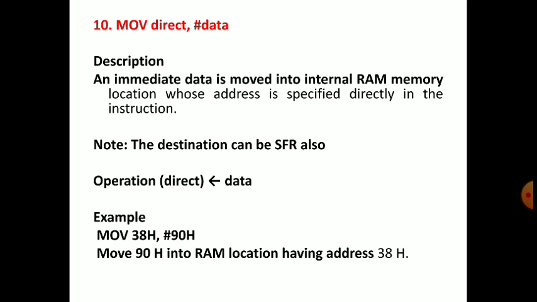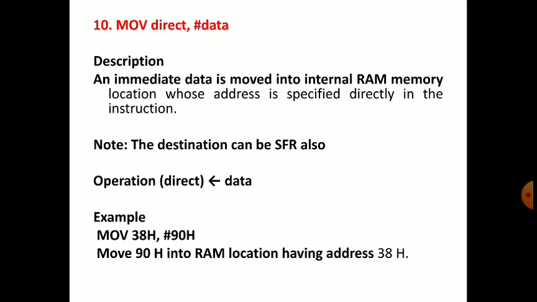That means the destination which we have mentioned as direct here can also be a special function register, and the special function register addresses we have already learned, and we have seen those addresses in the first chapter itself. If you can remember, the A register, B register, and remaining registers also have some special addresses allocated to them in the memory.